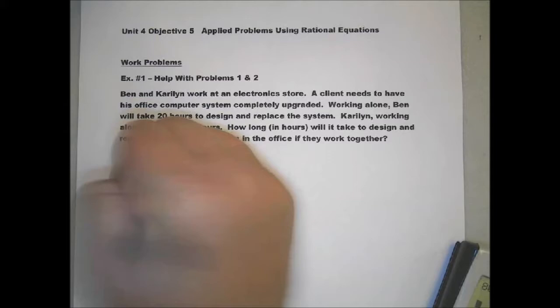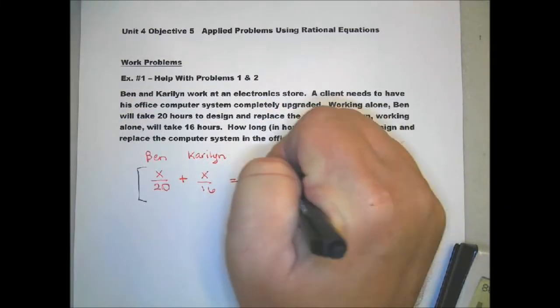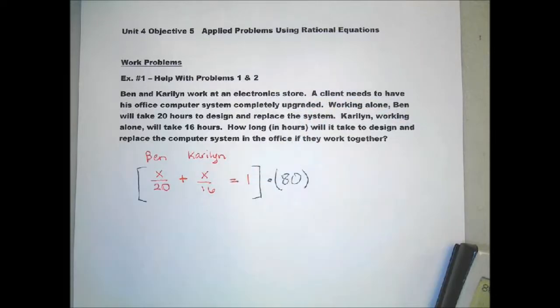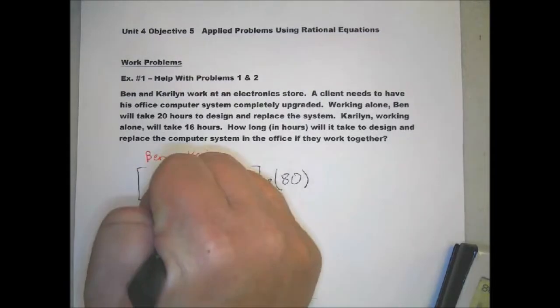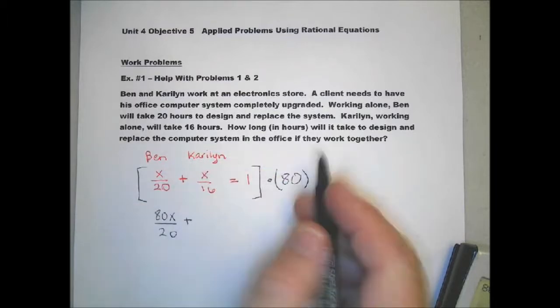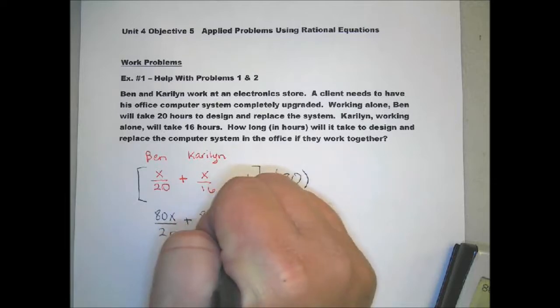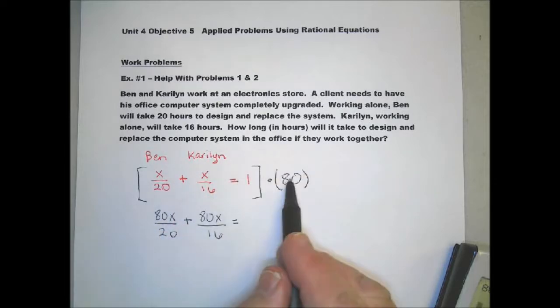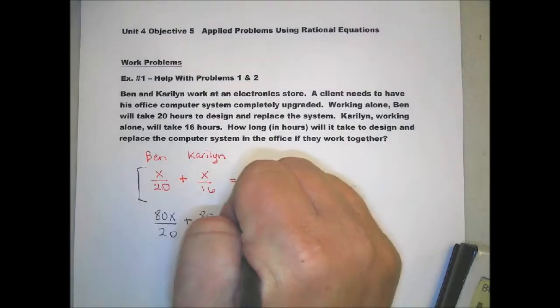So what I'm going to do is multiply the entire problem by 80. Now, what that makes is 80x over 20 plus, remember I'm distributing, 80x over 16. And don't forget the 1 needs the 80 also, so 80 times 1 is 80.